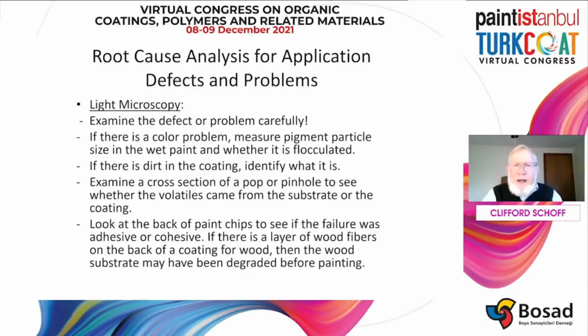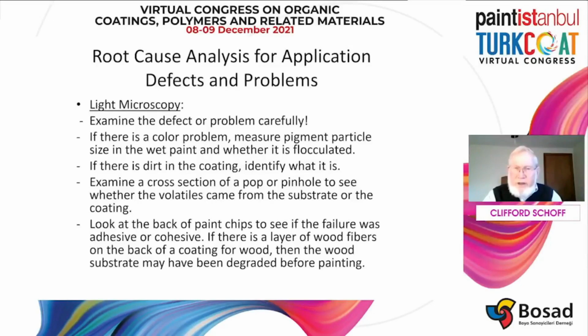So for application defects and problems, I used to use light microscopy a lot. I'd look at the defect. If there was a color problem, I'd look at the pigment particle size in the wet paint and whether it was flocculated. If there was dirt in the coating, I would identify it.